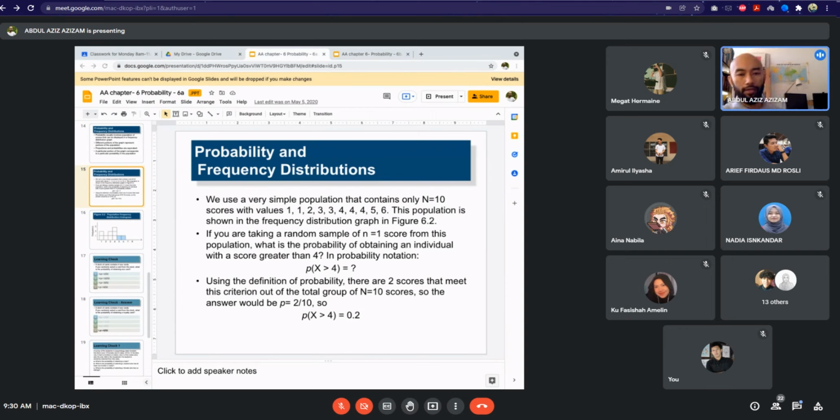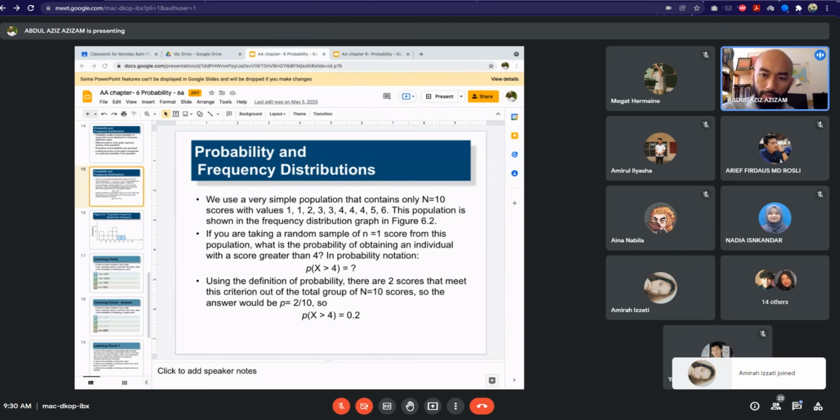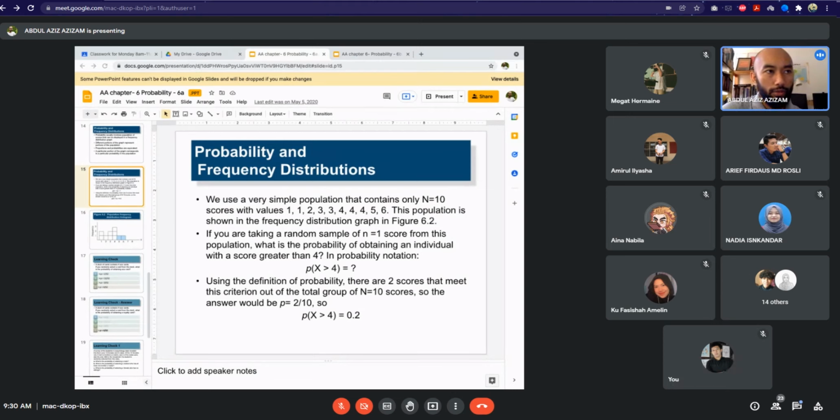Macam mana nak kira? Okay, soalan dia macam mana kita nak dapat proportion ni? Okay. So, dia kata n dia ada 10. Kan? Ini konsep yang you all kena faham. Bagus soalan Megat. Nanti you tengok ni mungkin you boleh lebih faham.